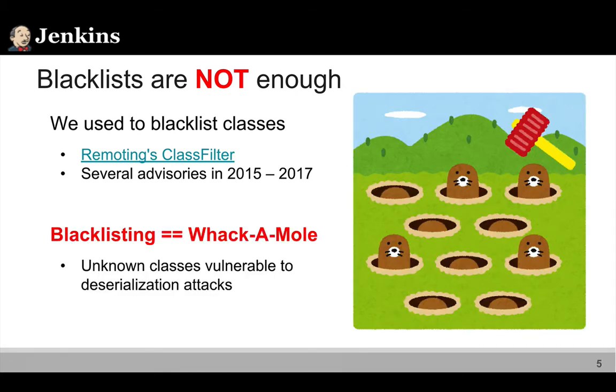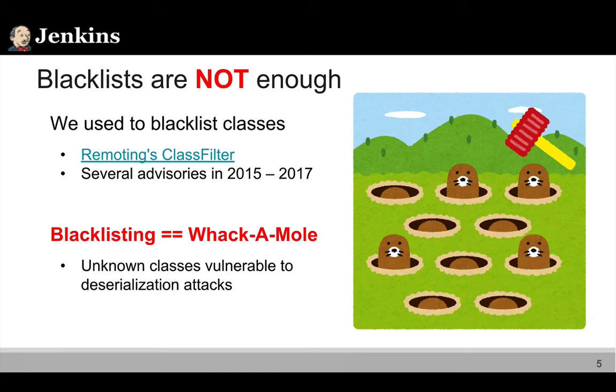So you never know whether you are secure or not. Of course, when we get a notification, we can fix another security issue and issue another advisory. But generally, it's a big problem because at any point, there may be a public disclosure or whatever. And in security communities, the agreement about this class of attacks is that blacklisting is not enough, and another solution is needed. So JEP-200 is this solution.